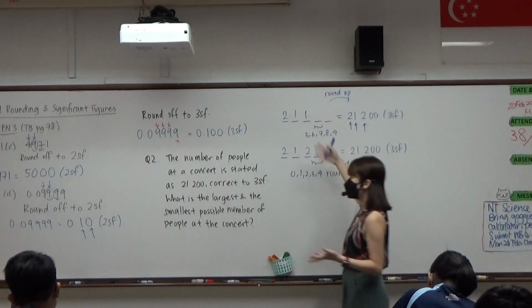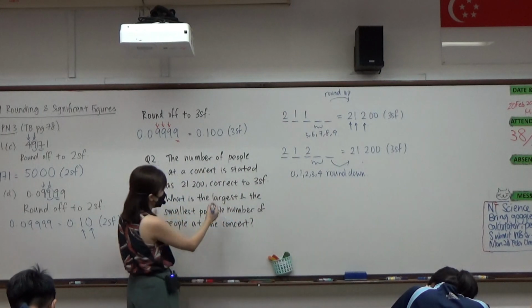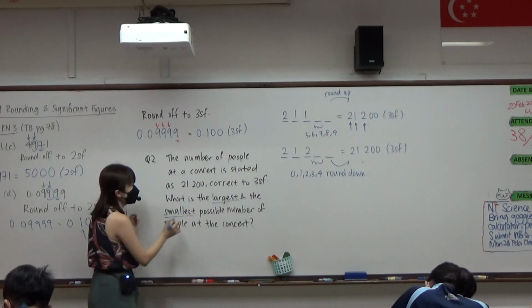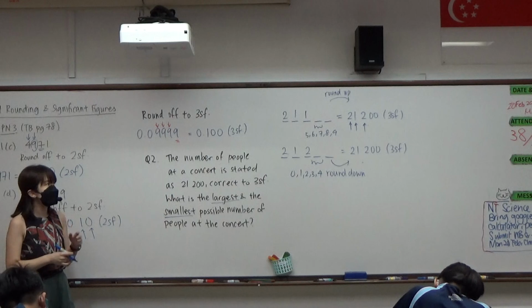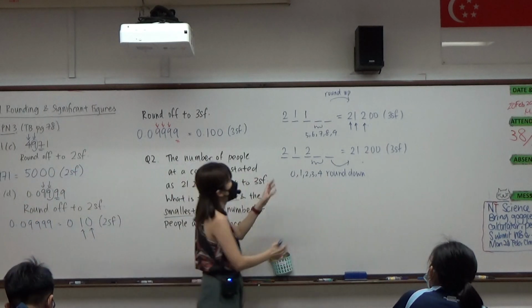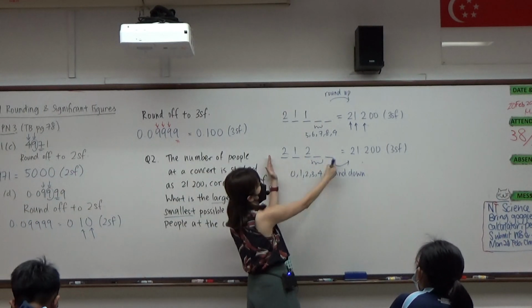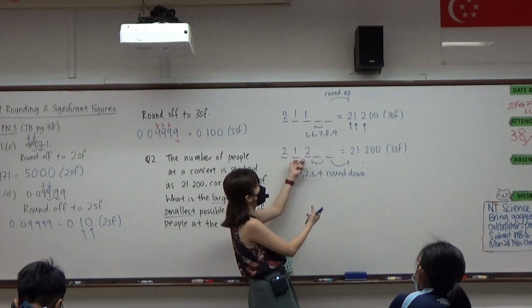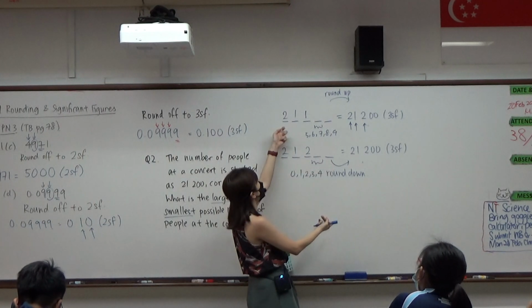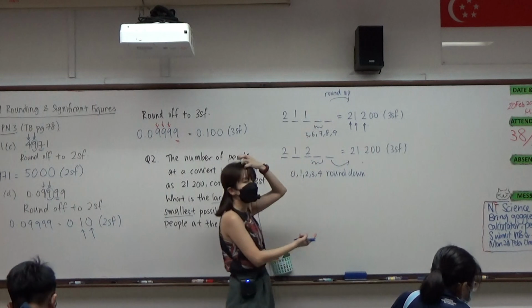Now we have settled these cases. We go back to answer the question. The question wants us to find the largest and the smallest. The largest possible will have to come from this case here, because this is 21,200 something, whereas over here is 21,100 something.